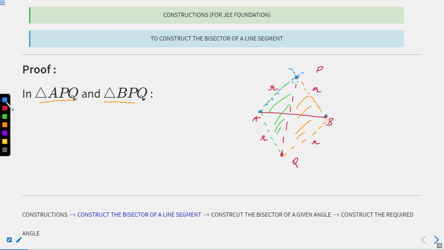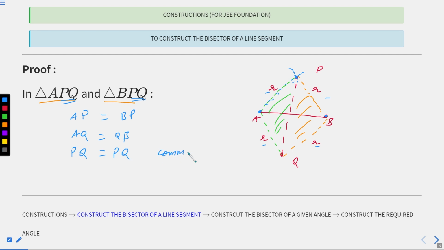And we have AP equal to BP, AQ equal to BQ, and we know PQ is equal to PQ, PQ is common.